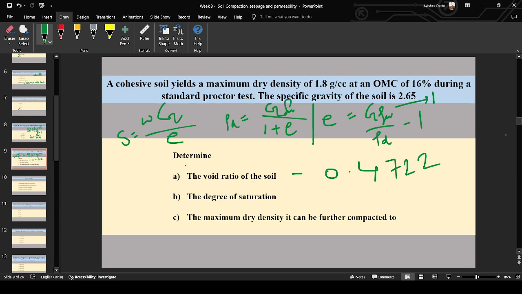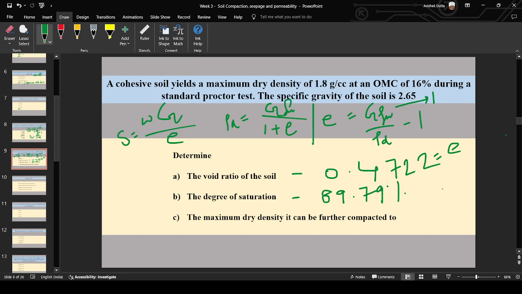And E is 0.4722. You put the value of E as 0.4722, W moisture content as 0.16, and G as 2.65. You will get 0.8979. In percentage it is 89.79%. Okay.